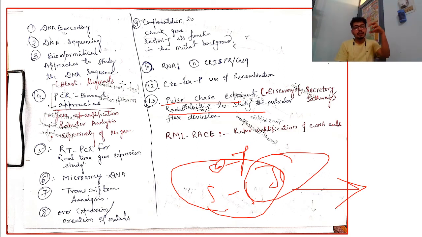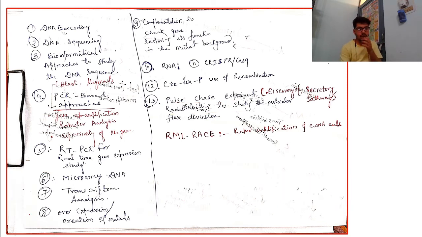Now how the radiolabeled molecule moves from one place to another gave rise to the discovery of the secretory pathway in cells, basically the endomembrane system. So the discovery of the endomembrane system is dependent on the pulse-chase experiment, and I will discuss it in detail in the subsequent slide. Suppose you have radioactively labeled methionine, a sulfur-containing amino acid, and cysteine.